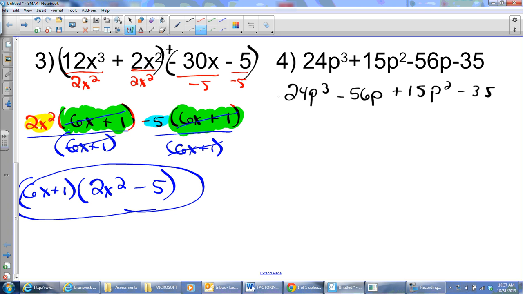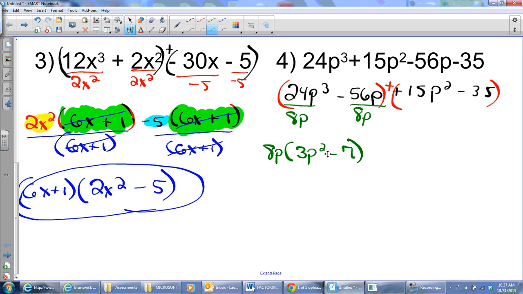I'm going to group it and put a plus sign in between. Okay, so looking for a GCF to factor out. I'm thinking 8 is going to be my best one. 8p as a matter of fact. So I pull an 8p out and I'm left with a 3p squared and a minus 7.